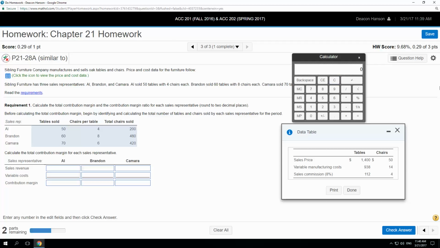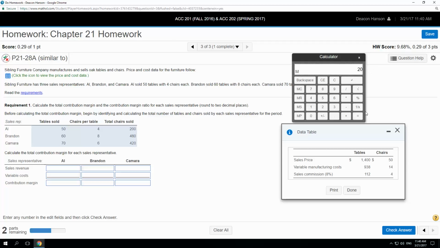I'm going to go 50 tables times 1,400. That's 70,000, and you could put it in memory. And then this is where it's going to play tricks on you, because chairs sold, right? We sold 200 chairs for $50, so you would go 200 times 50.